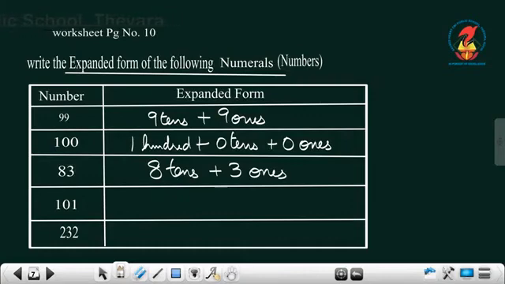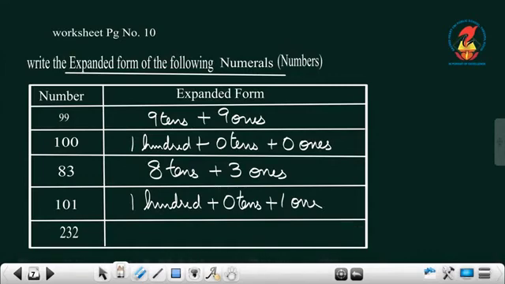101. We have a 3-digit number, ones, tens and hundreds. In hundreds place we have the number 1. 100 plus 0 tens plus 1 ones. Got it? 232.